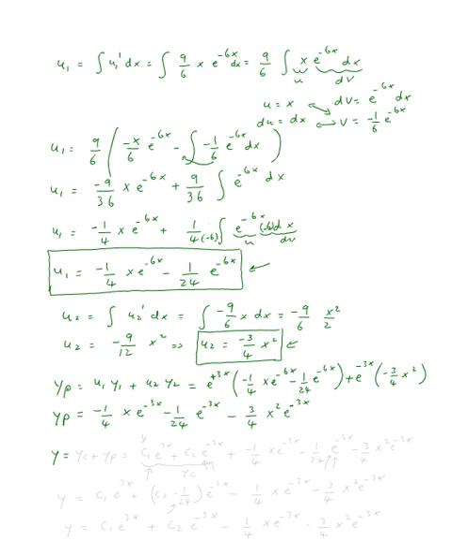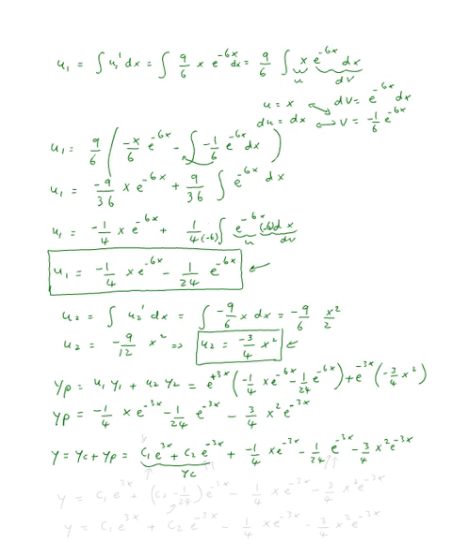Now what is y? y is equal to yc plus yp. yc we said is c1 e^(3x) plus c2 e^(-3x) plus, this is yc, yp is negative 1/4 x e^(-3x) minus 1/24 e^(-3x) minus 3/4 x squared e^(-3x).